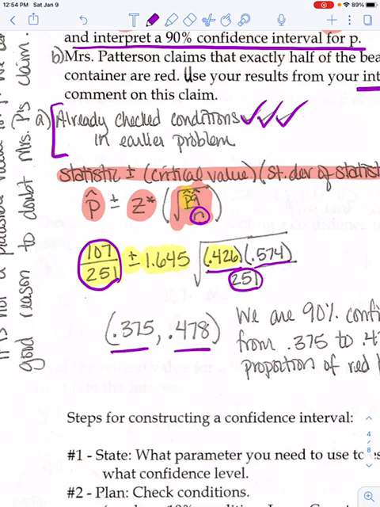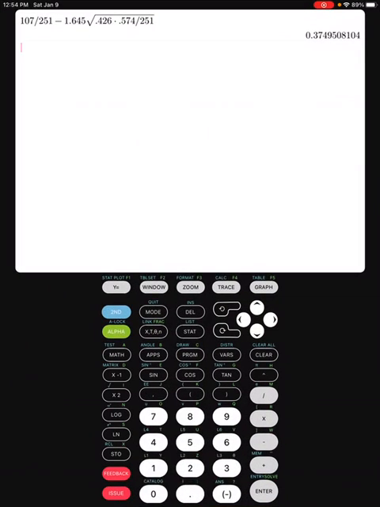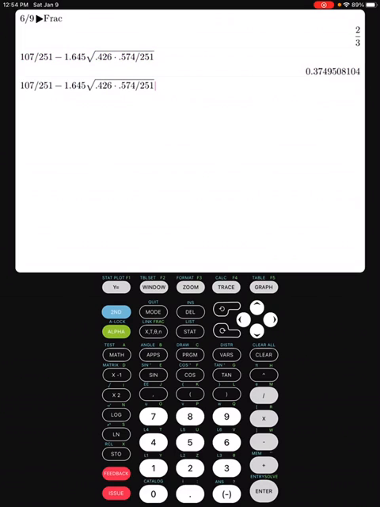Let me go back here. That's where that number right there came from. That is the small number of my interval. And then all I'm going to do is use my arrow button and get up on what I typed in, hit enter, brings it back down, and then I'm just going to scoot over to that minus sign and change it to a plus and hit enter.